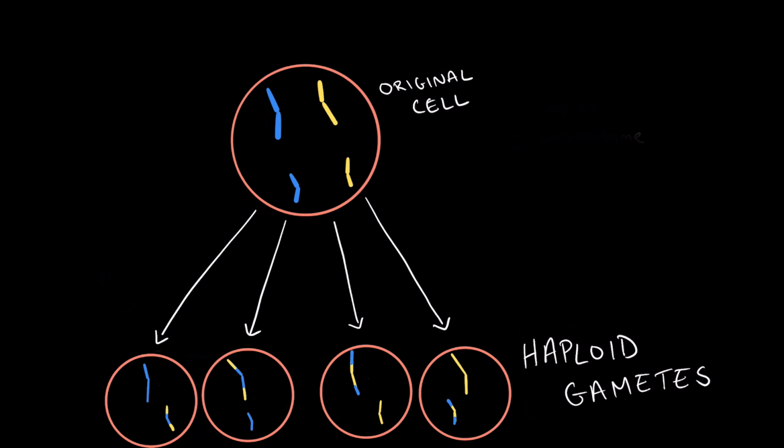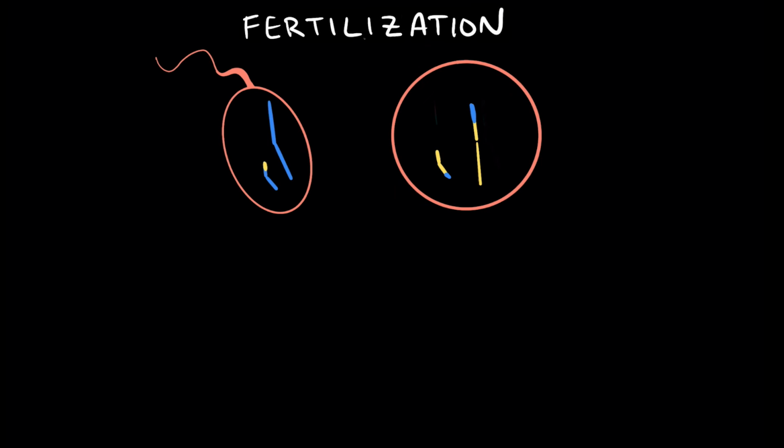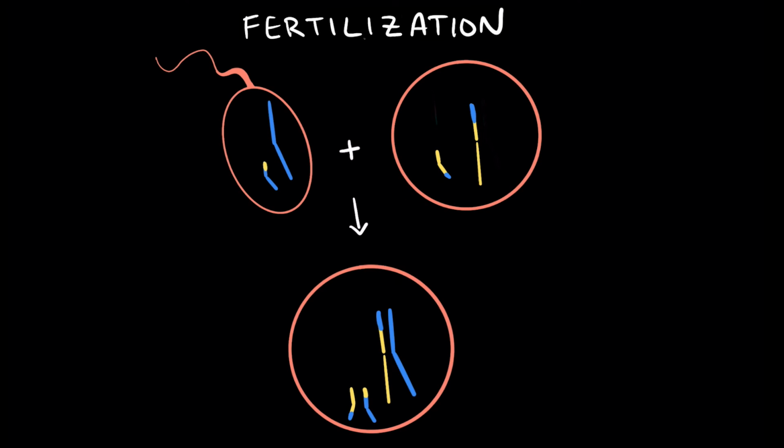This increases diversity in how DNA is passed from generation to generation. But fertilization increases genetic variation even more. In fertilization, two unique gametes from two different individuals come together. This keeps each new individual genetically unique. This incredible genetic shuffling, reassortment, and recombination results in genetic diversity and variation.